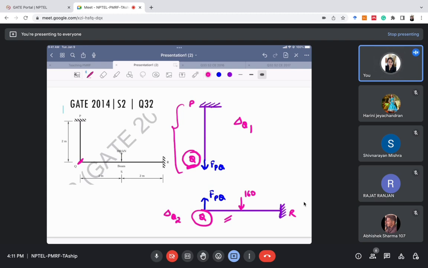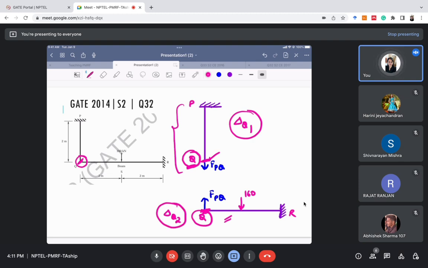Please look at it very carefully. What I am saying is that this Q here and this Q here will deform equally, right? Why? Because they are attached in the actual structure. So that is the compatibility condition I'm going to use. So I'm saying the deformation at this Q, let's call it delta Q1, and the deformation of the Q point at this beam, I'm calling it delta Q2.